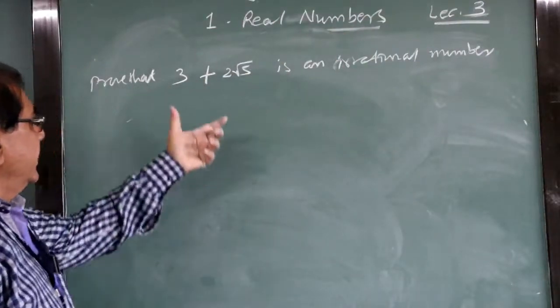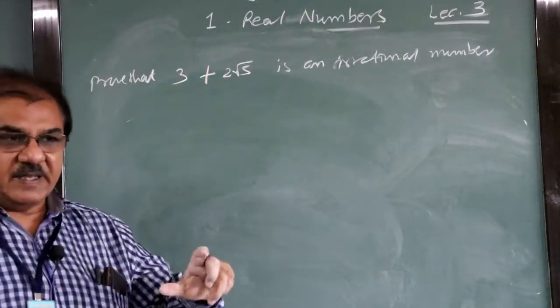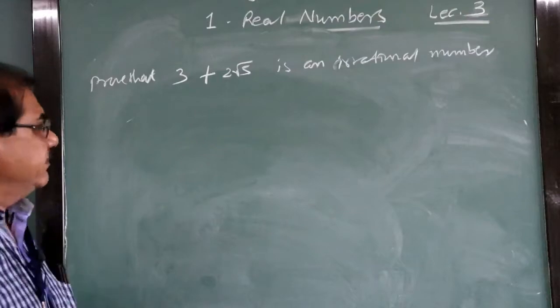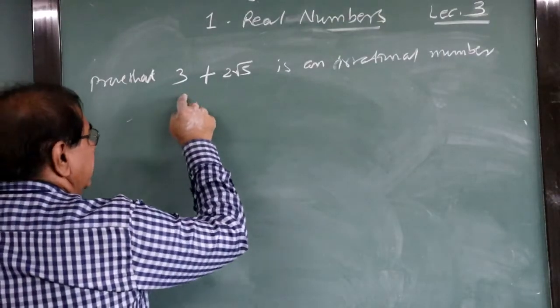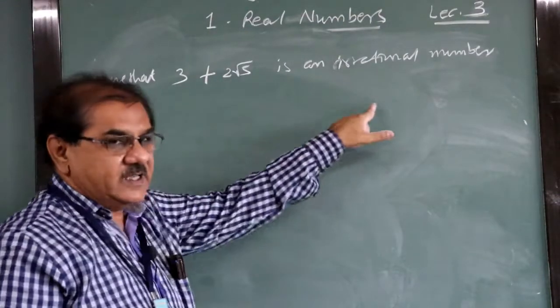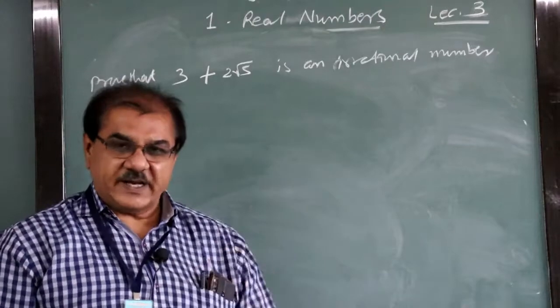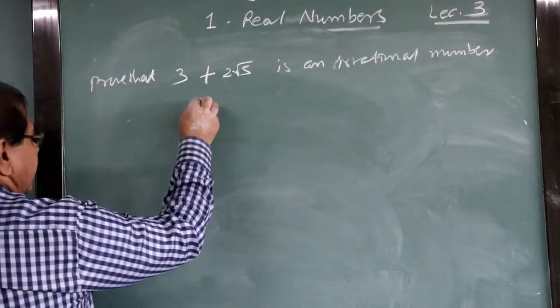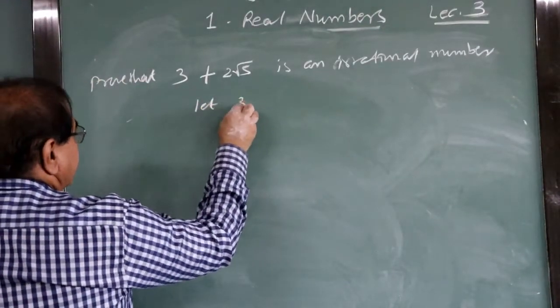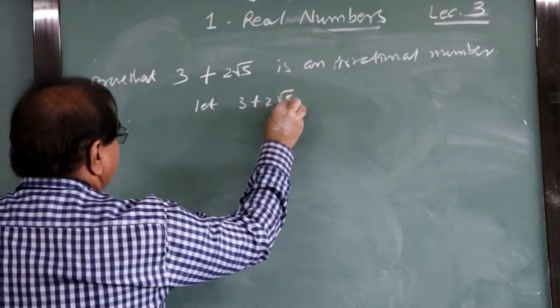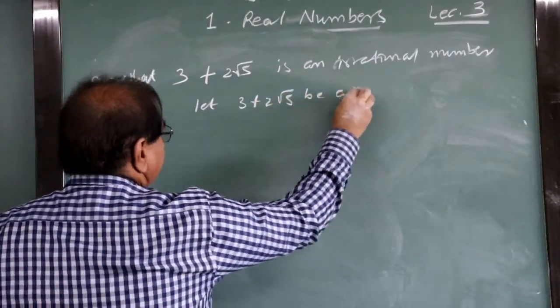Clear? So again the same method of contradiction we use. We want to prove 3 plus 2 root 5 is irrational. We assume that suppose it is a rational number. So let us start. Let 3 plus 2 root 5 be rational.